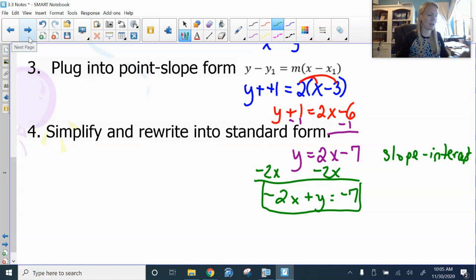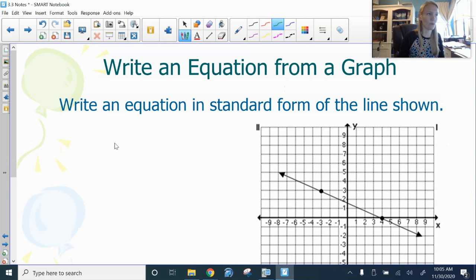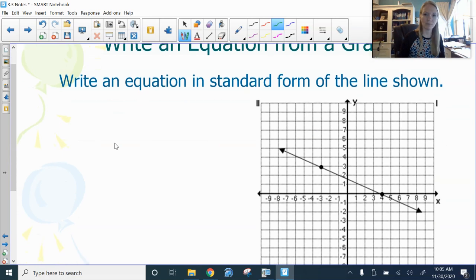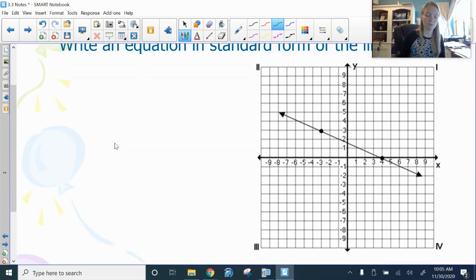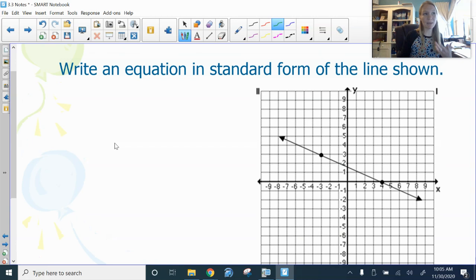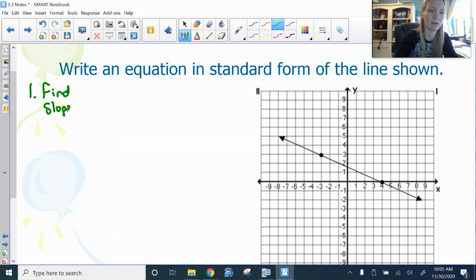All right, let's try writing it from a graph. I think that's actually easier because the slope's easier to count than to write your equations out. So write an equation in standard form. Now we're on page 9, using the graph shown. The same steps are kind of going to apply. We need to find the slope.